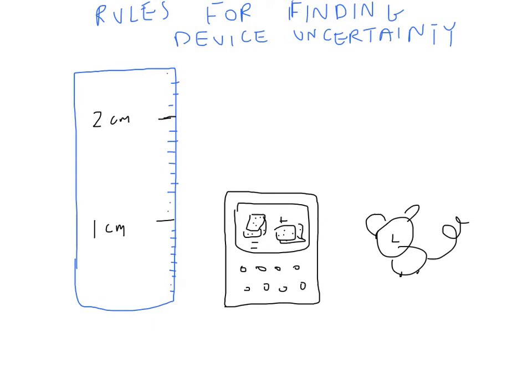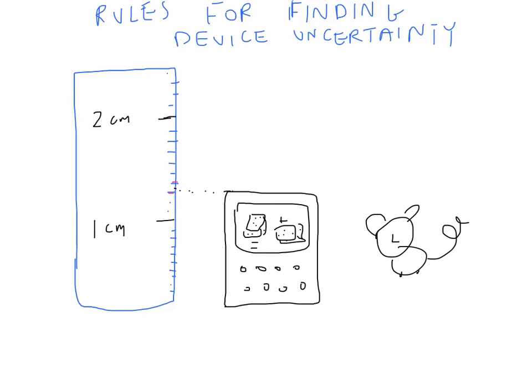Okay. So we line up that little mouse calculator, the mouseculator, and let's say it comes to this point. I haven't done a very good job of drawing this, but let's say it's a little bit less than halfway between this tick mark and this tick mark.